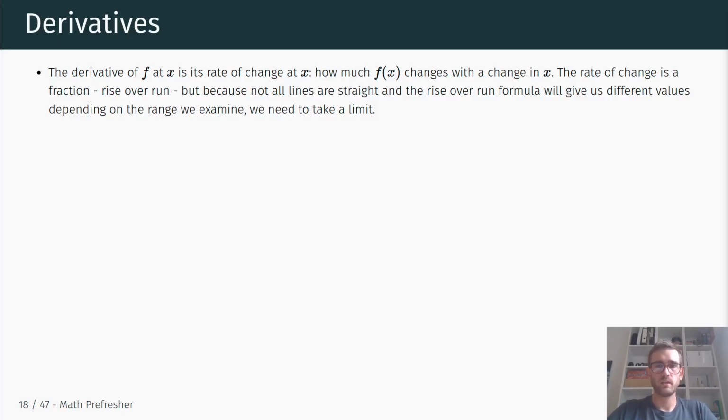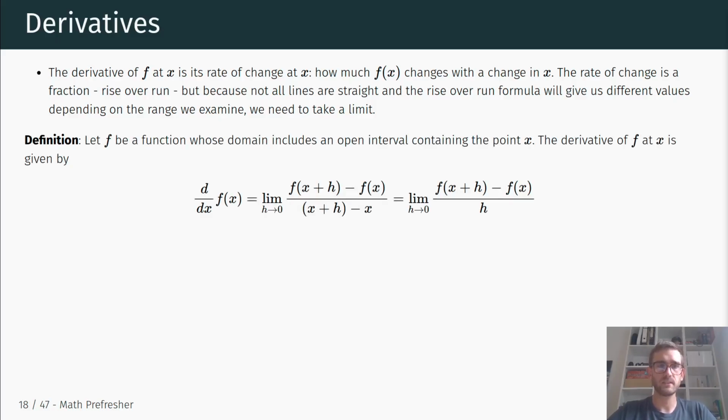In order to define the derivative, ultimately we'll need a concept that I discussed in the previous video, which is the limit. Specifically, a derivative is defined as follows. Let f be a function whose domain includes an open interval containing the point x.